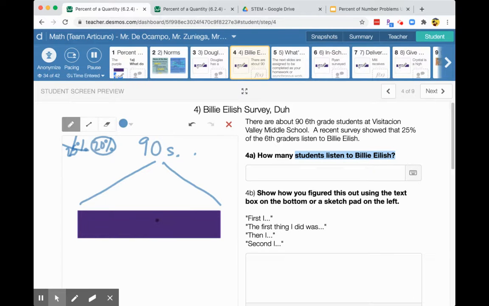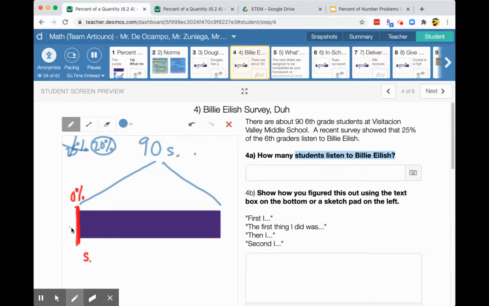All right, there are many ways to do this kind of problem. But just know that if we started over here, I'm going to change the problem to 0% first. What if 0% of the students listen to Billie Eilish? How many students is that?